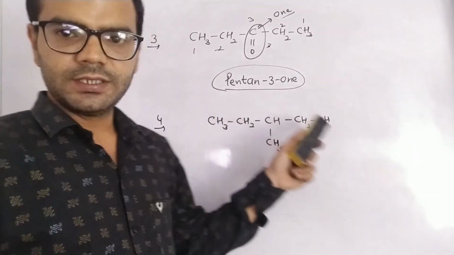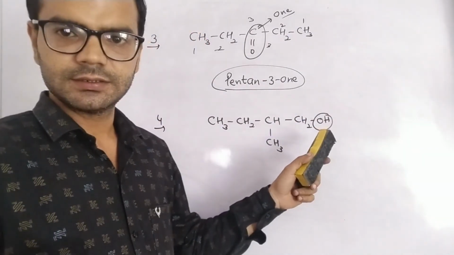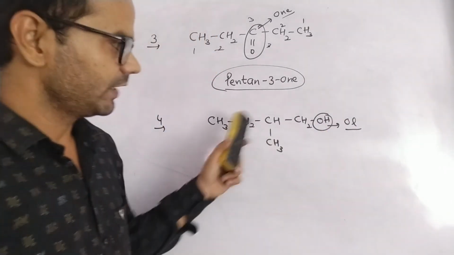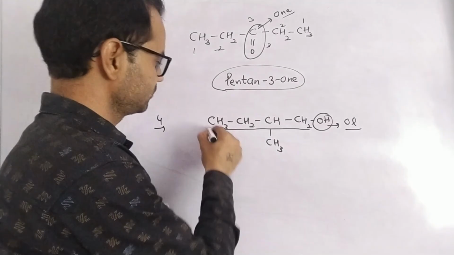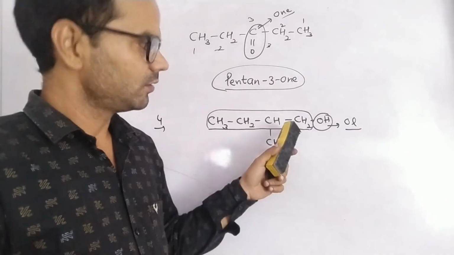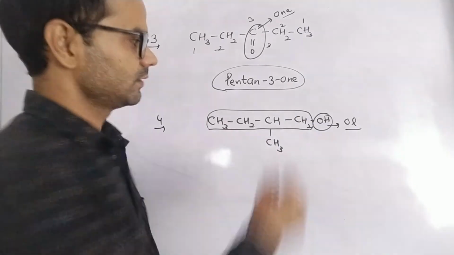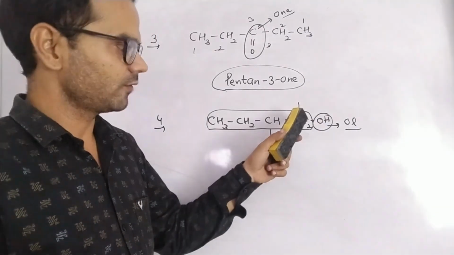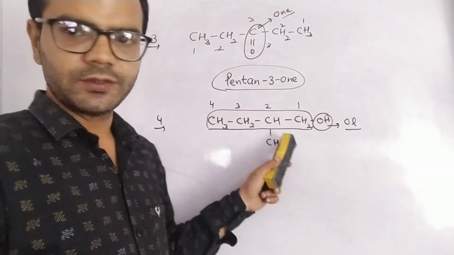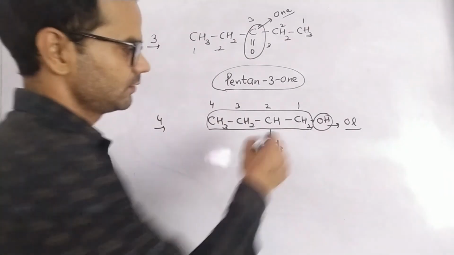We have to write the IUPAC name for this. Now the functional group is OH. So its suffix will be ol, but we can see there is one substituent group also present. So give the number to the carbon which contains the functional group. It will get the lowest number. So numbering we will start from here: 1, 2, 3, 4, and now this will act as a substituent group, so it will be written before the root word.